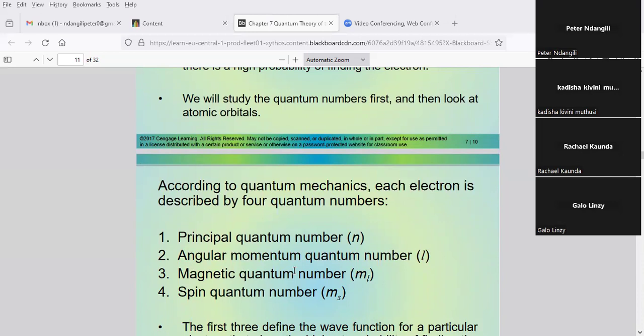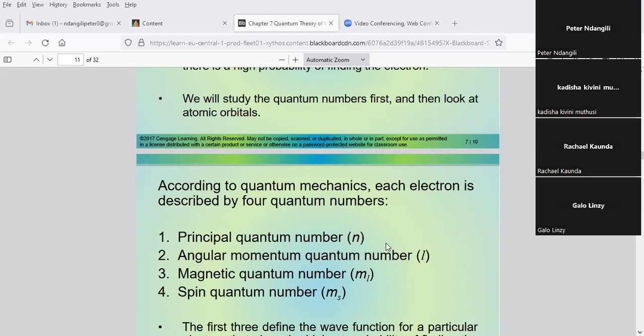When we say the first energy level, n is equal to 1; the second energy level, n is equal to 2; the third energy level, n is equal to 3. We call that the principal quantum number. I mentioned it last time, and I said that I'll be talking about it at length in today's lesson.